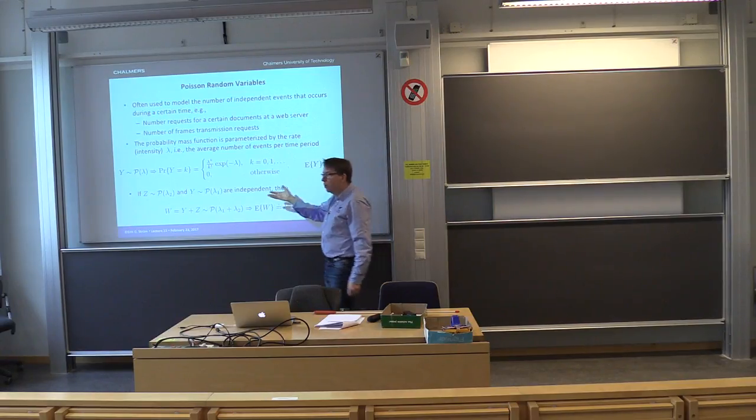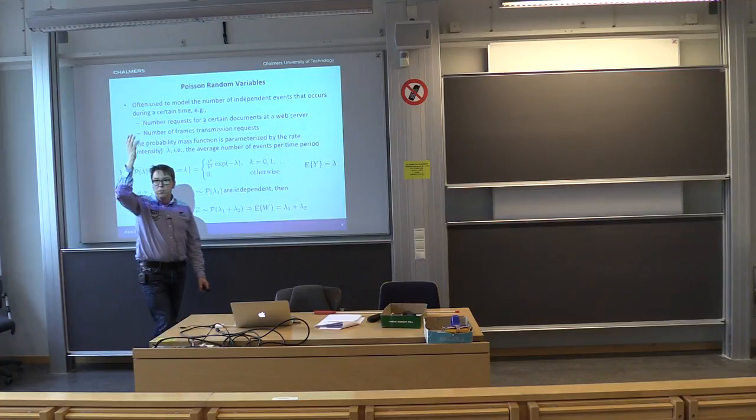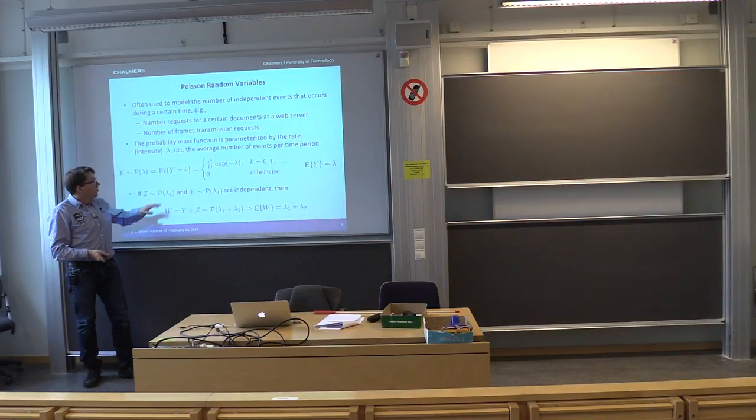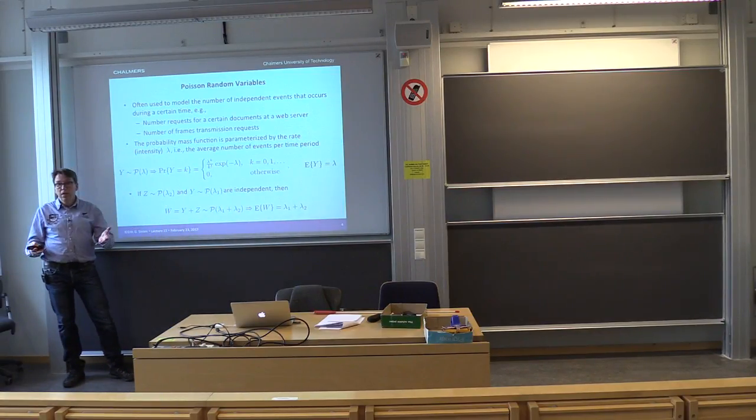So for instance, if y is the number of frames I get from the upper layers, and lambda is equal to 1, that means that I get essentially 1 frame per time unit. If lambda is 0.1, it means that I get approximately 0.1 frames over 1 time unit.